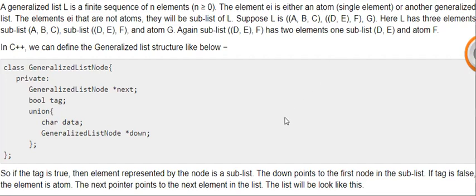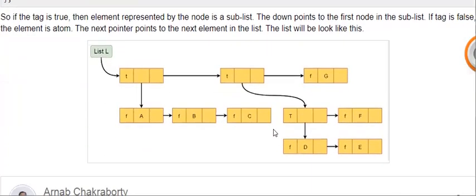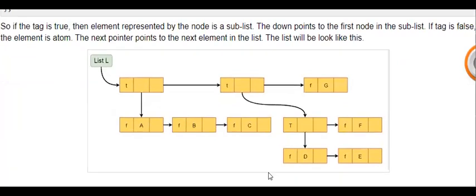So how do we insert an element into the list? It can be done based on the generalized list tag. If the tag is true, the element can be represented by the node as a sublist.